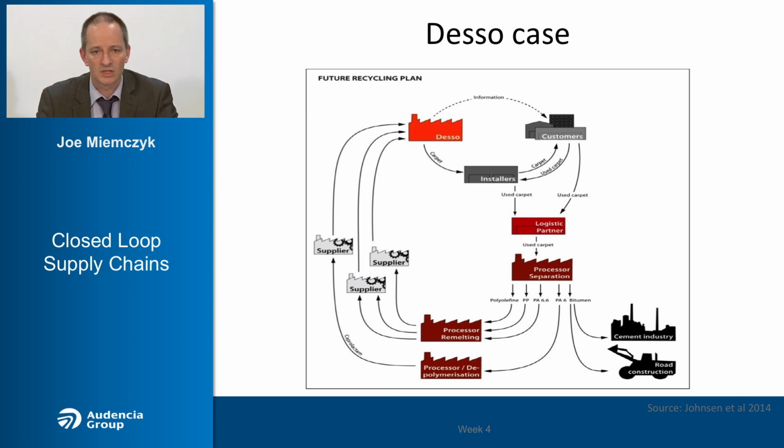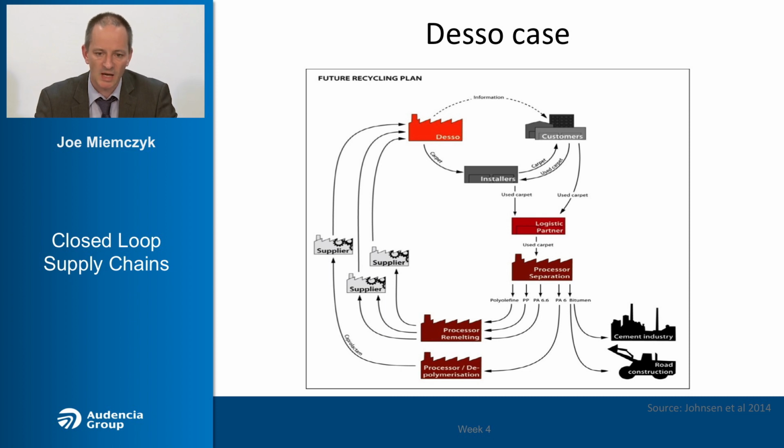Desso make carpet tiles which are used within commercial premises, and they get involved in this process when there is a refit or refurbishment of a building, and they've put in place a closed loop supply chain where they work with the installers of carpet, and they provide a service where they can take the old carpet tiles, which are then broken down into the individual components of the tile, which is surprisingly complex and quite often contains toxic materials, and goes back into a recycling system to produce brand new carpet tiles sold by Desso, which are then reinstalled into the commercial premises that you might see, for example, offices and banks, etc.